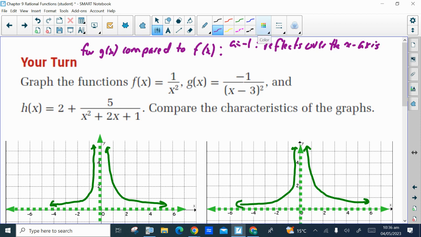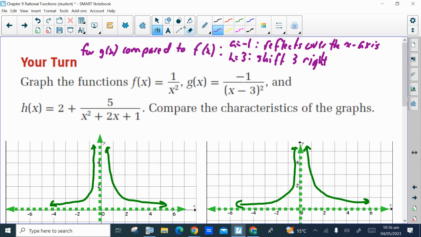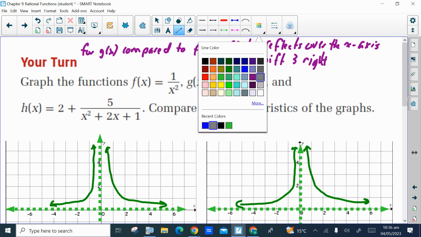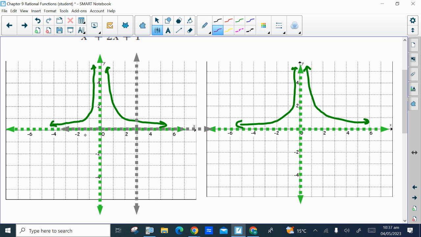And then the x is replaced with an x minus 3. That's an h value. So that's going to shift 3 to the right. Doesn't change the horizontal asymptote, but the vertical asymptote will now be at x equals 3. And again, the graph is reflected over the x-axis, so now this one's going to go downwards instead of upwards.